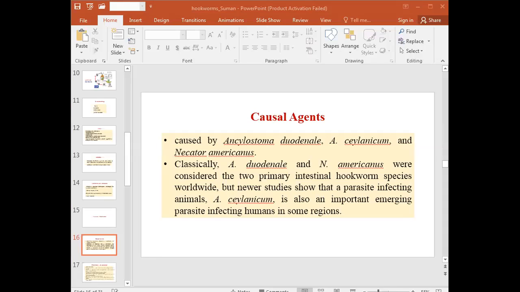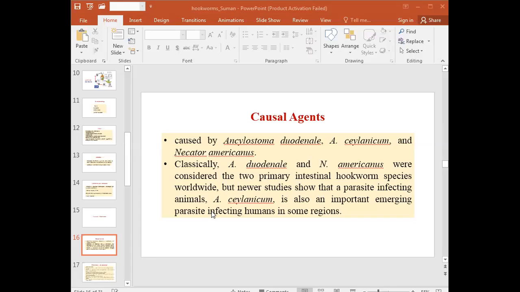Classically, the first and third, Ancylostoma duodenale and Necator americanus, were considered the two primary intestinal hookworm species worldwide, but newer studies have shown that a parasite infecting animals, Ancylostoma ceylanicum, is actually growing as an emerging parasite infecting humans in some regions.